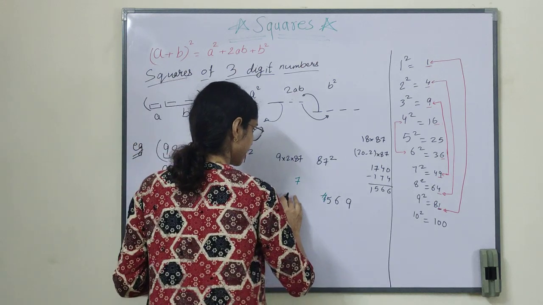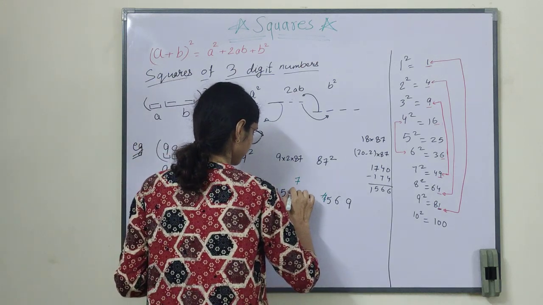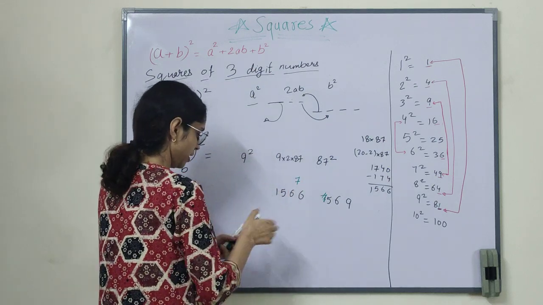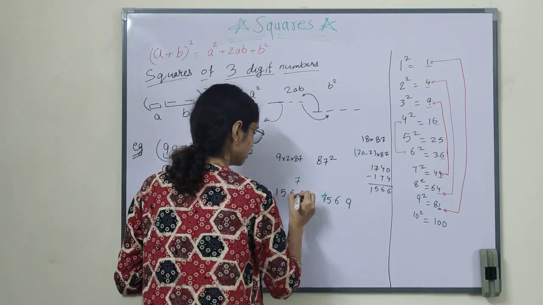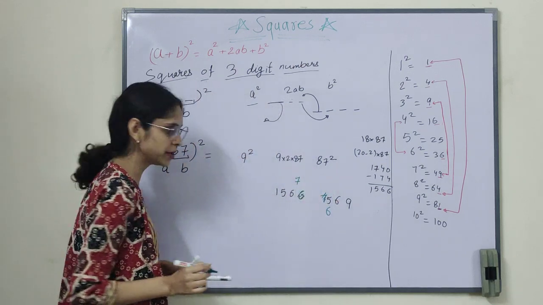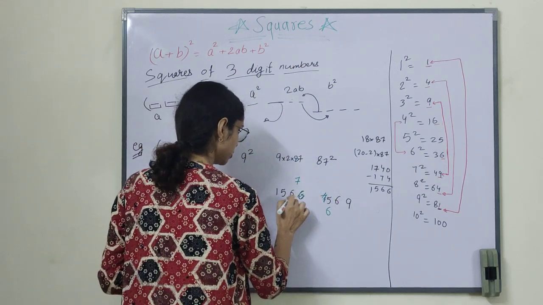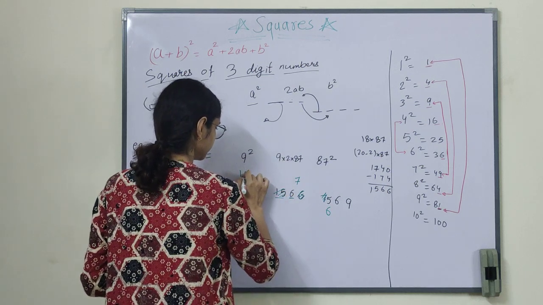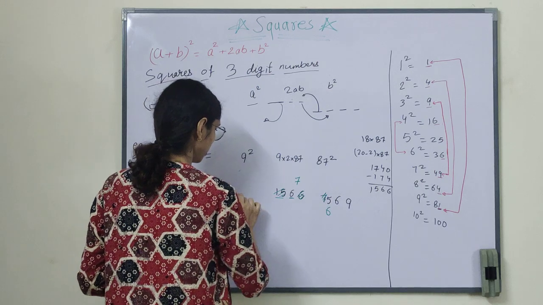So I have 1566, right? Now this 6 will not remain here. It will go here. Okay. Now 6 will remain here only. Now this 15, it won't remain here. It will go over here, or I should write it below.